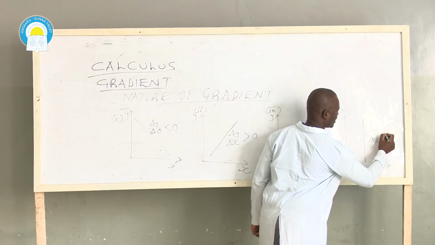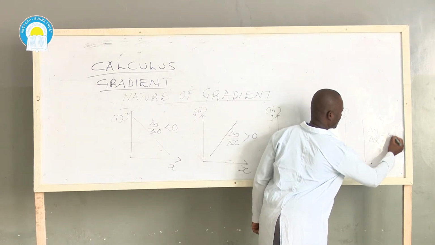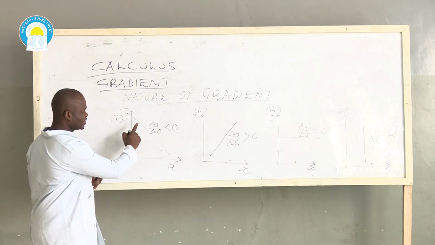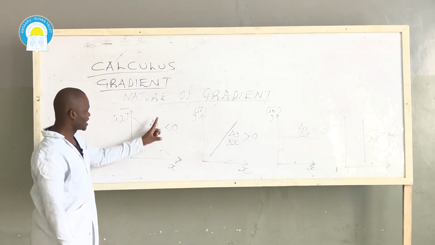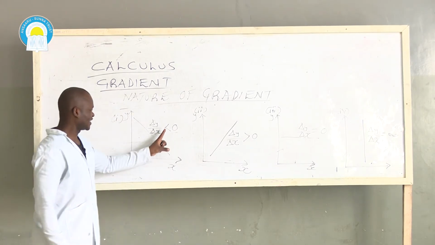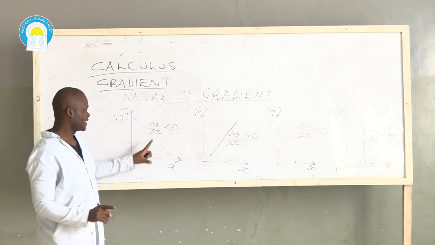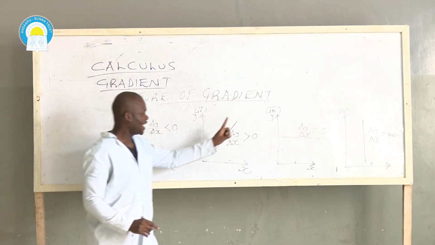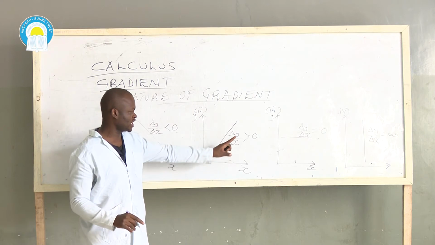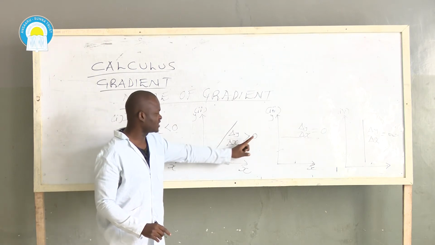So if you are very keen, I've been giving them in relation to what? The value 0. So a line with this inclination will have what? A gradient which is of course less than 0, implying negative gradient. A line with that inclination will have what? A positive gradient, of course, now, meaning greater than 0.